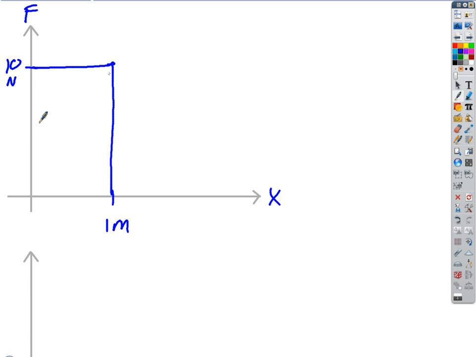So if I take the product of 10 newtons times 1 meter, that's equal to 10 joules. How about that? That's a big deal. The area under a force displacement graph is equal to work.